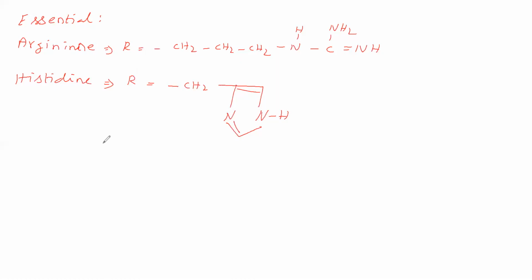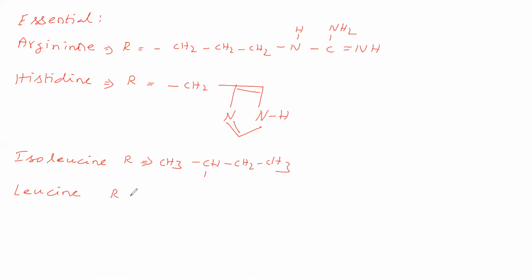Next, isoleucine. The R group is CH3, CH, single bond, CH2, CH3. It is isoleucine. Next, leucine.